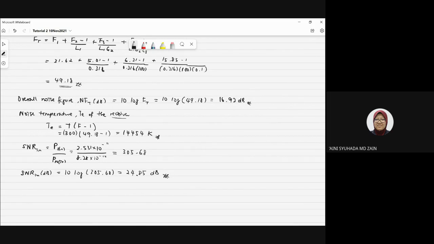That would be the input signal to noise ratio, calculated in absolute value and also in decibels, dB.